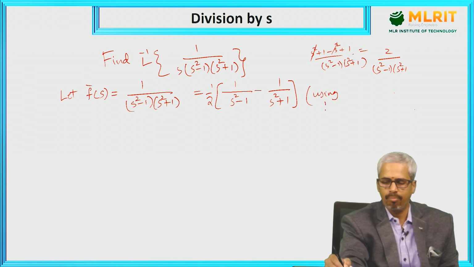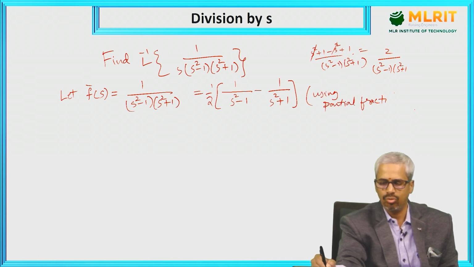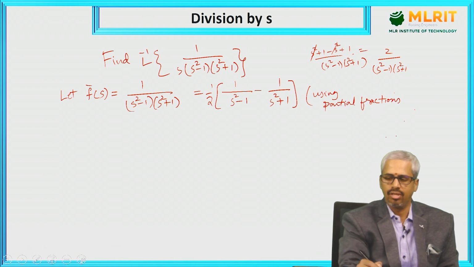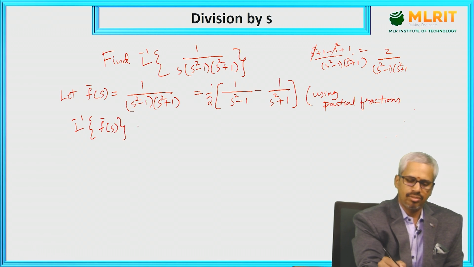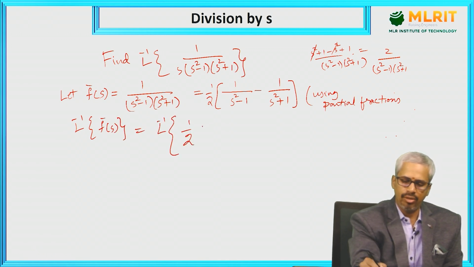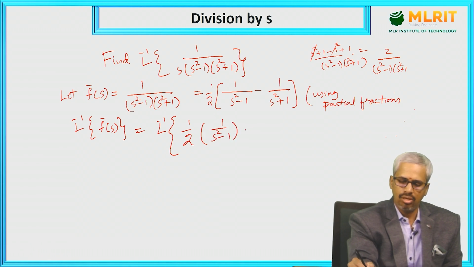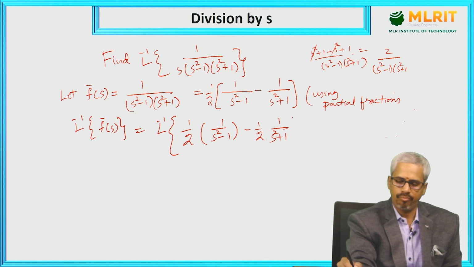Using partial fractions. Now apply L inverse to the function f bar of s, that is L inverse of 1 by 2 into 1 by (s square minus 1) minus 1 by 2 into 1 by (s square plus 1).